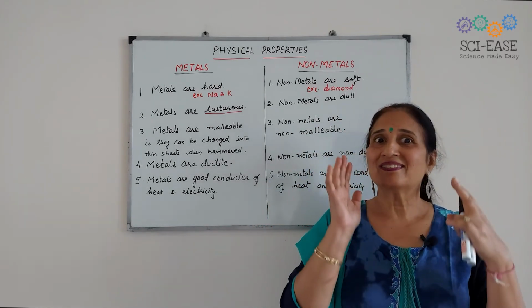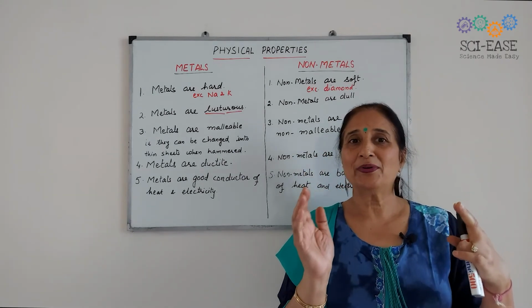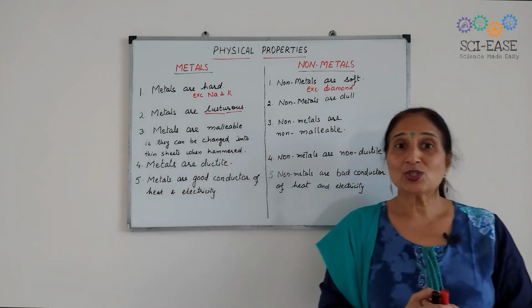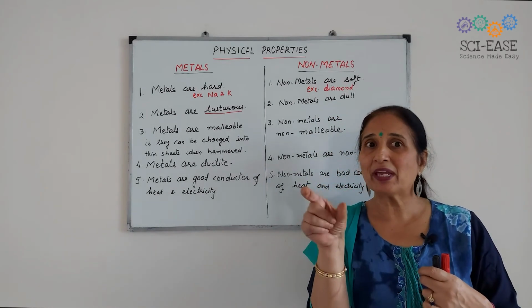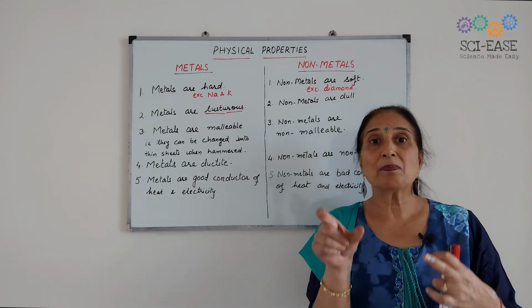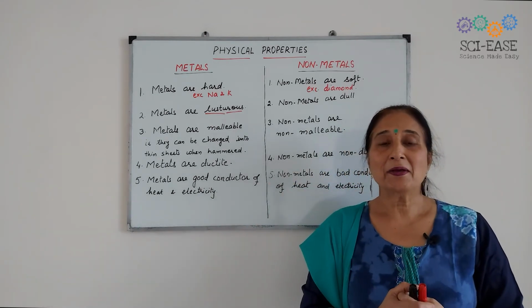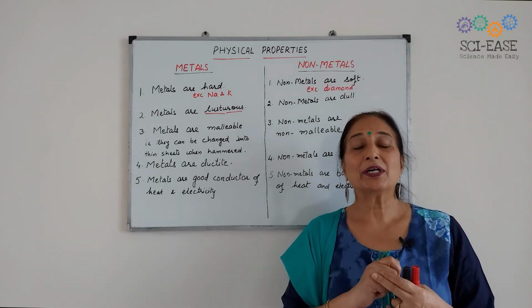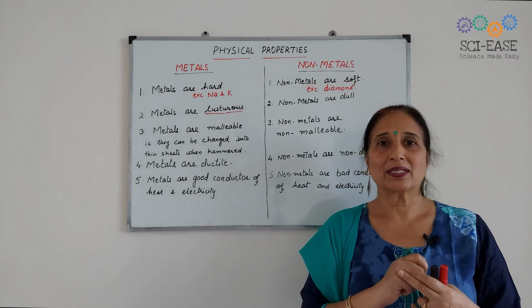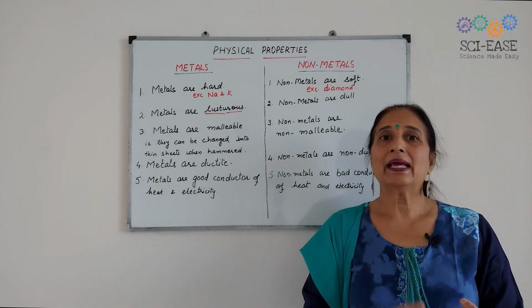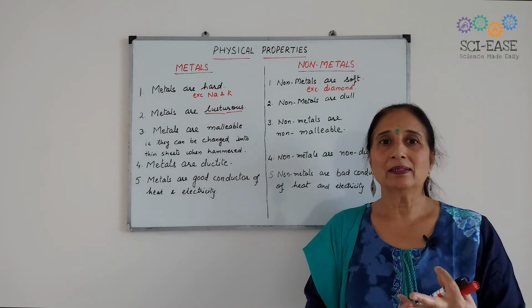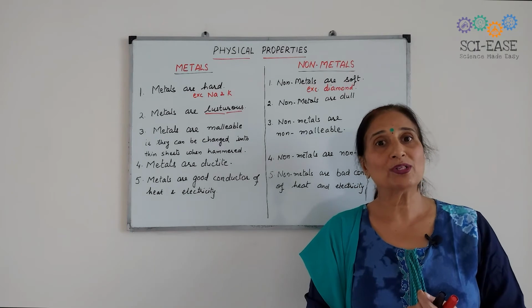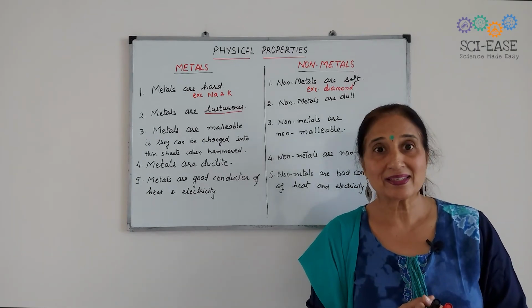A very pleasant ringing sound will be produced. So what is the specific name given to this? That is, metals are sonorous. It means when we strike the metal, it will produce the ringing sound. The temple bell, the bell in your school, or the strings used in musical instruments are also made up of metal and they produce the ringing sound.